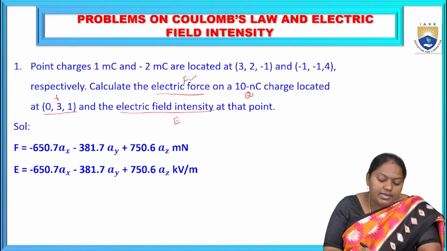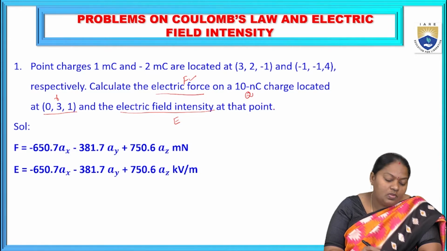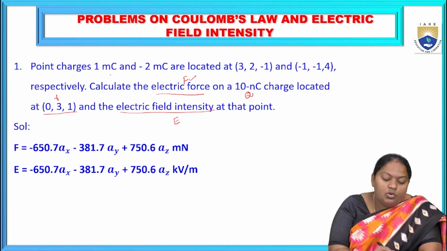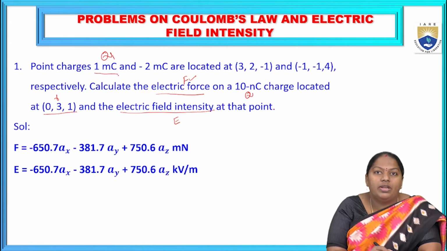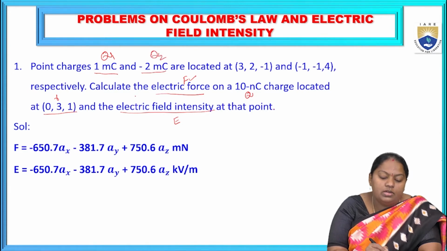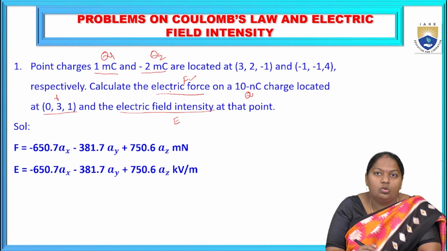So to find electric force and electric field intensity, first of all we have to identify the given data. We have two point charges: let me consider the first point charge as Q1, 1 millicoulomb, and the second one as Q2, minus 2 millicoulombs.